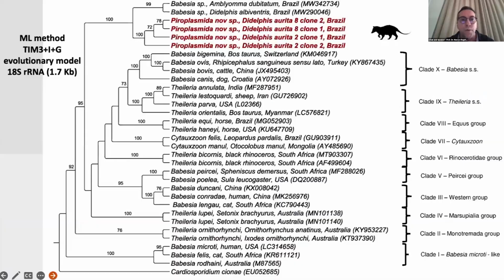When we built a phylogenetic tree based on the near complete 18S rRNA, we detected a new phylogenetic clade, which we called the South American marsupial clade, which encompasses the piroplasmid that we detected in Didelphis aurita from Rio de Janeiro, as well as the piroplasmid which we detected in Didelphis albiventris from central western Brazil.